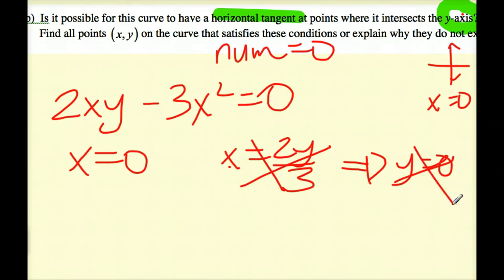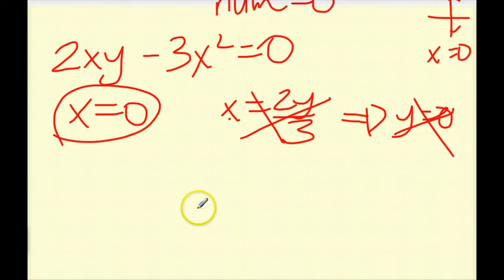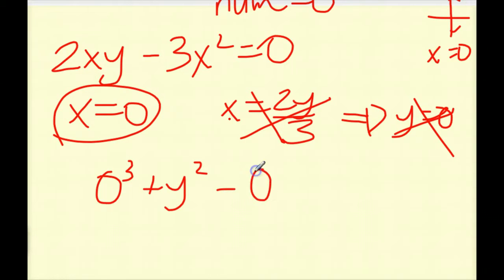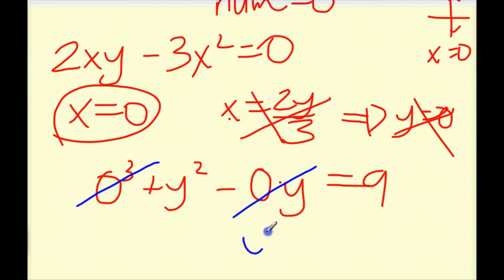So we're not going to worry about that. We're now going to just take a look at this x is equal to 0. So we're going to plug this into the original equation, and we get 0 cubed plus y squared minus 0 times y is equal to 9. Well, these zeros are going to cancel, and we get y squared is equal to 9.